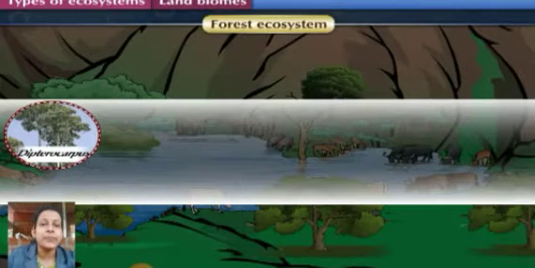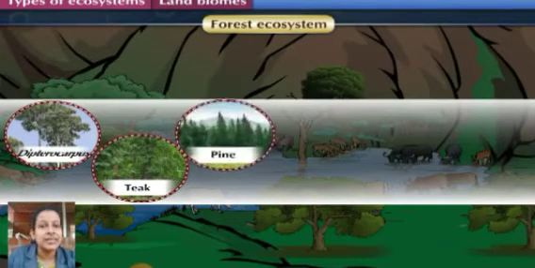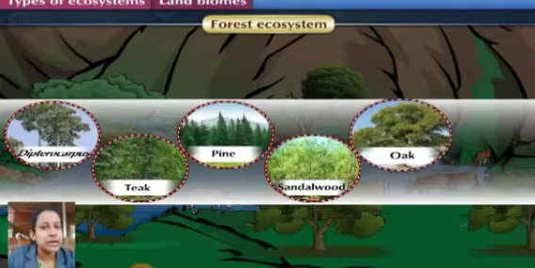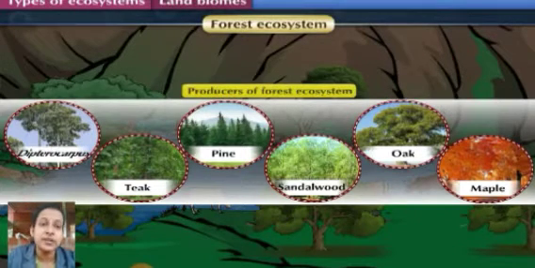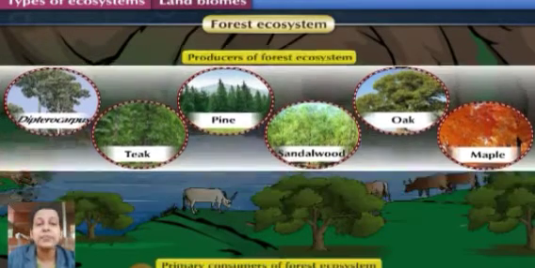Now, what type of plants are found here? Large trees like dipterocarpus, teak, pine, sandalwood, oak, and maple. These are the producers of the forest ecosystem. Let's learn about which are the primary consumers here.